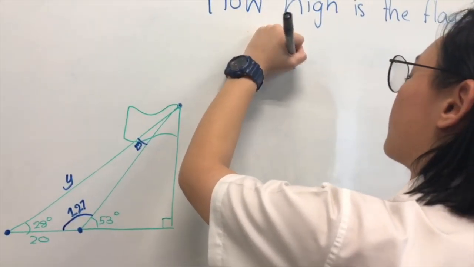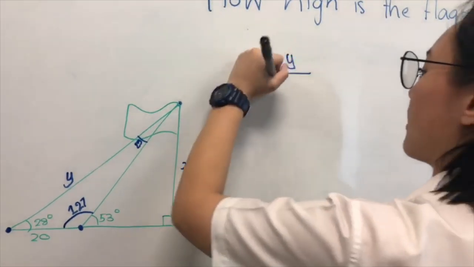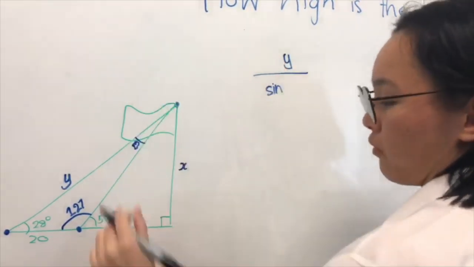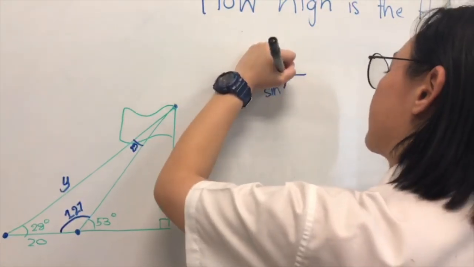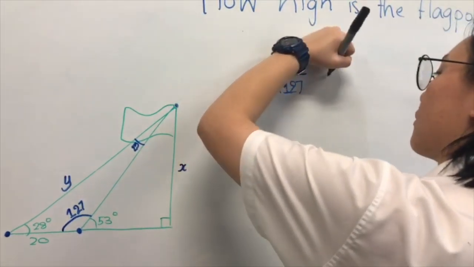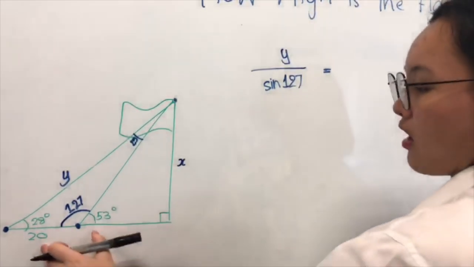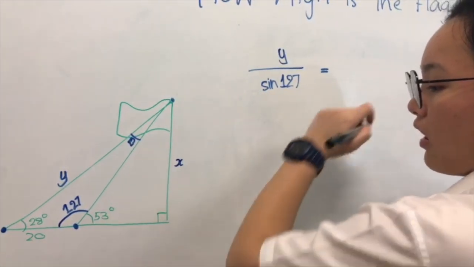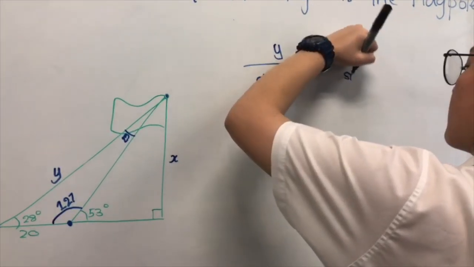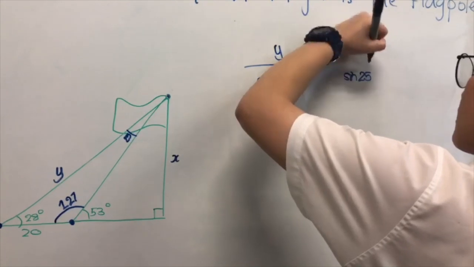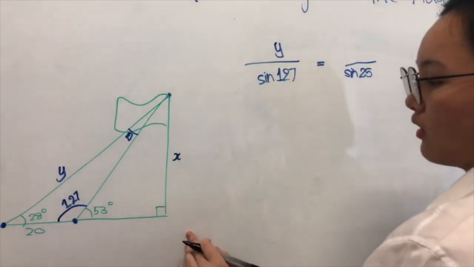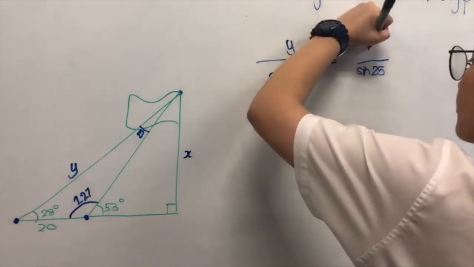a, which is now y, divided by sine A, which is now sine 127, is equal to sine B, which is now sine 25 degrees, and above it will be 20 meters.